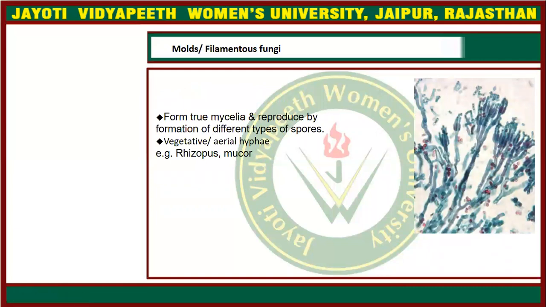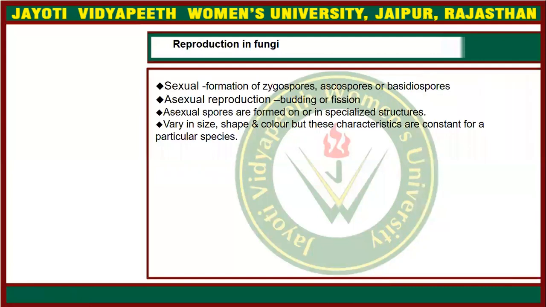These are the true mycelium, which reproduce by different types of spores. These filamentous fungi have a specific structure known as hyphae, present in various species such as Rhizopus and Mucor.